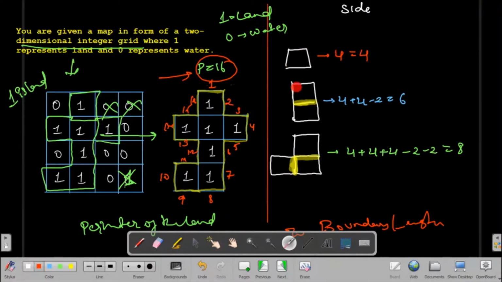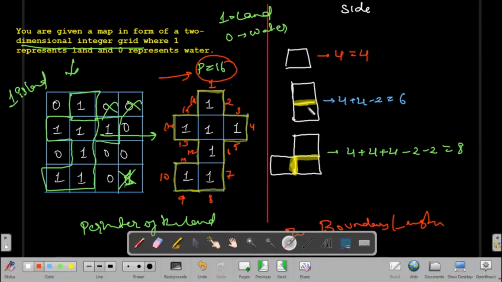Now let's suppose we have two connected lands, that is 1 1. When we join both the lands, for land 1 we will have four sides, and for land 2 we will again have four sides.